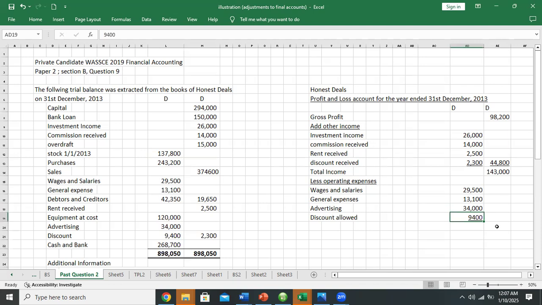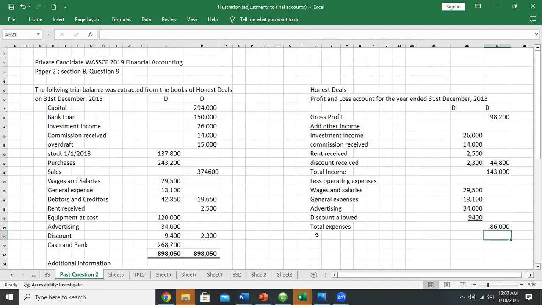You get the total. Okay, so that's your total expenses. Then you less from the total income to see if you get a net profit or net loss. In this case, the income is 143, the expense is 86.